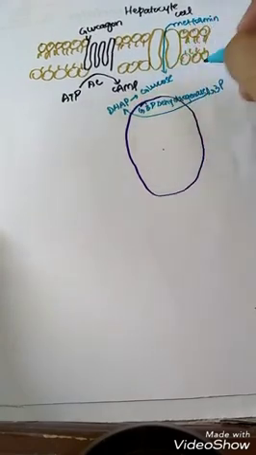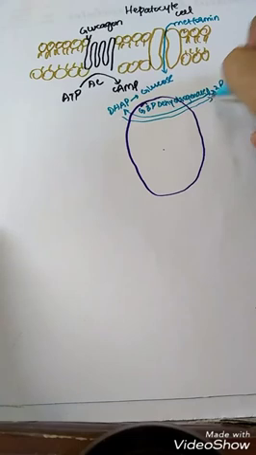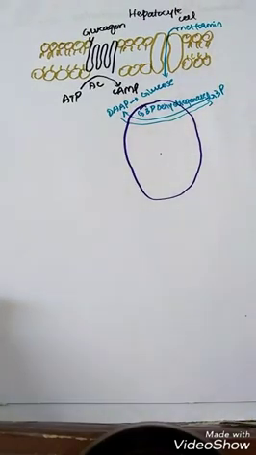We know this reaction is an interconversion. What else is metformin doing? Metformin is doing two things. First, it inhibits this enzyme.